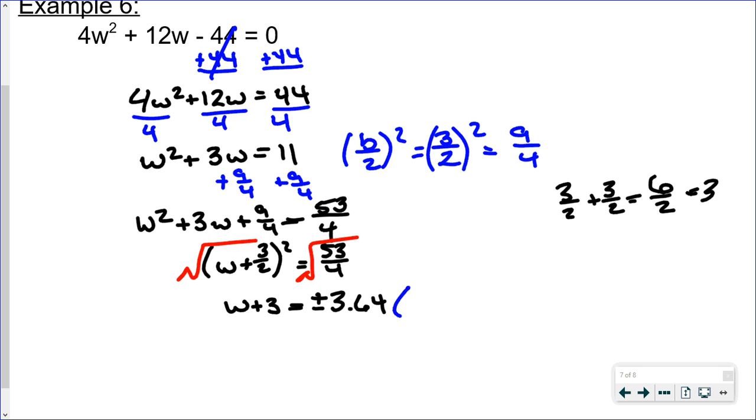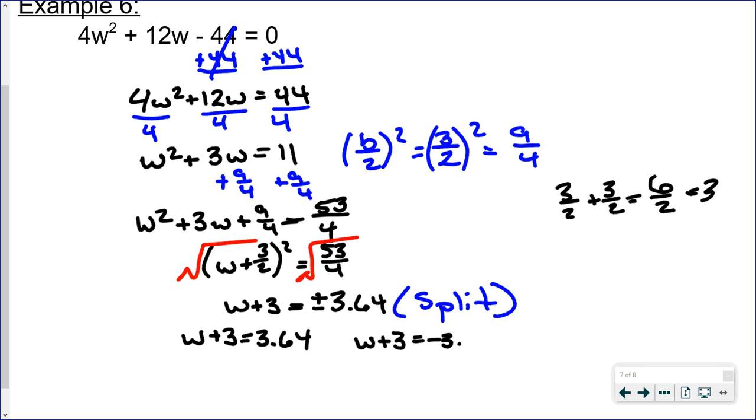I'm going to split this. So I have w plus 3/2 equals positive 3.64, and w plus 3/2 equals negative 3.64.